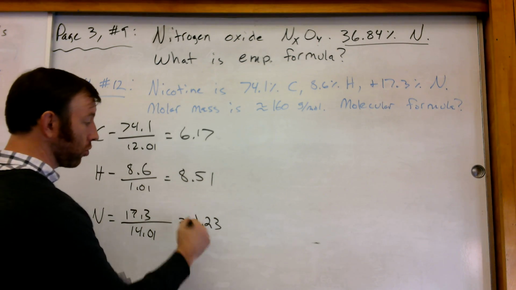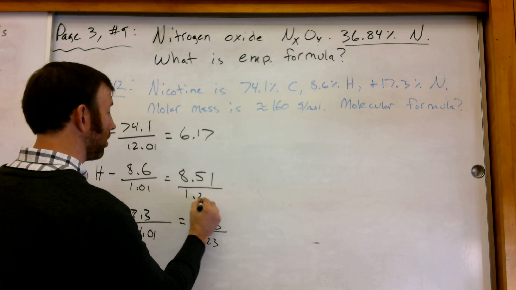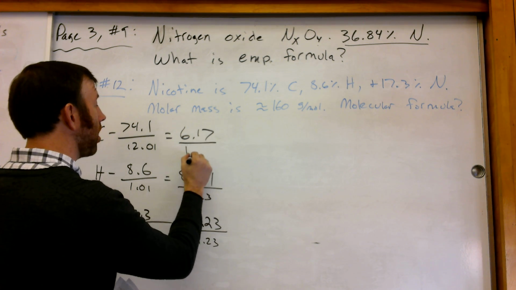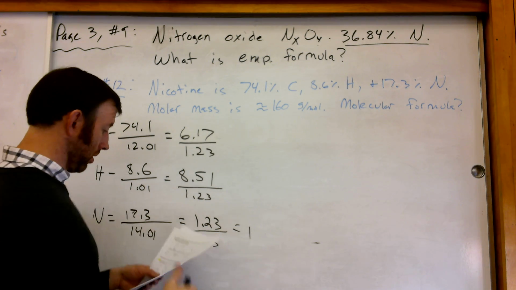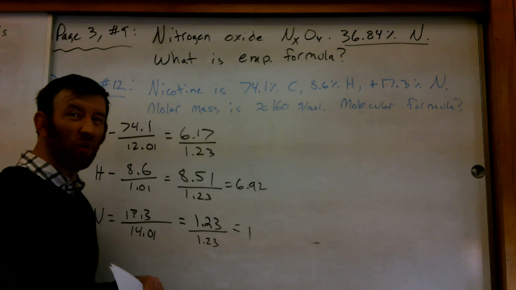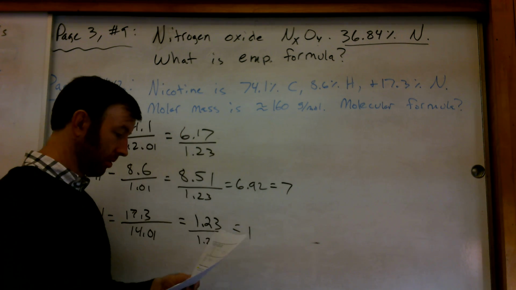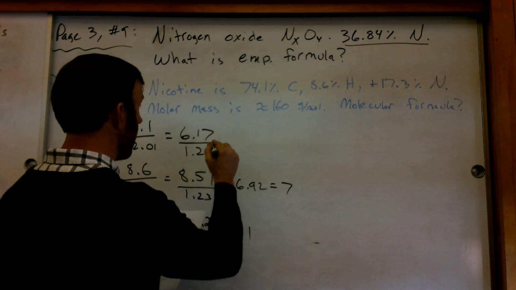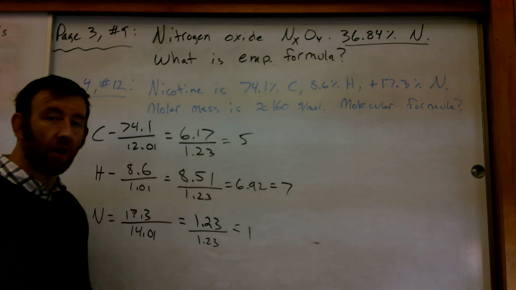We're going to take the smallest one, which is 1.23, and divide it into all of them. When we do that, we always get one that comes out to a 1. This one comes out to 6.92, which means we're probably going to have to round that to 7. And this comes out really close to 5, so I'll go ahead and round that.